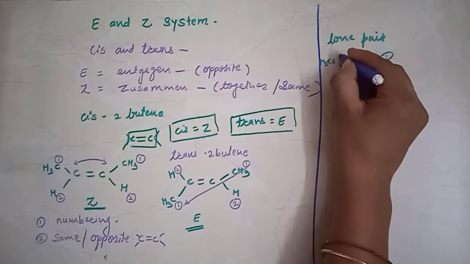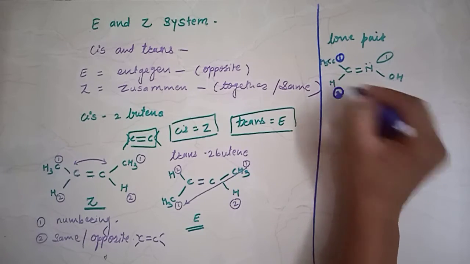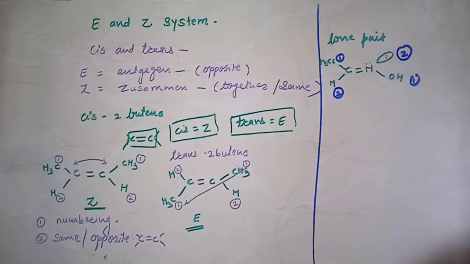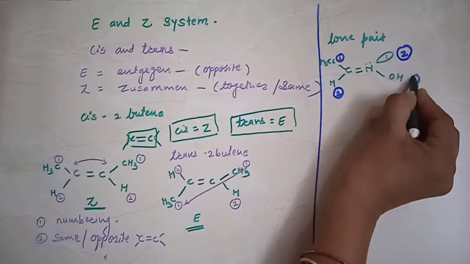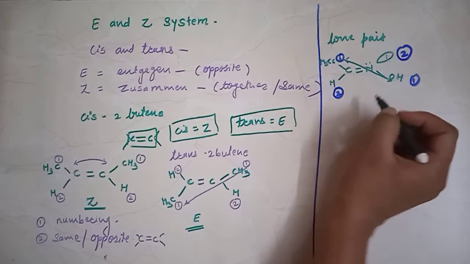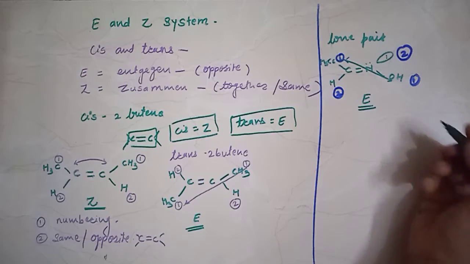Give the numbers: first, C6H5 is the heavier or bulkier group and second is hydrogen. On the nitrogen, the OH group and the lone pair get the second number. The bulkier groups are on opposite sides of the double bond, so it is E nomenclature.